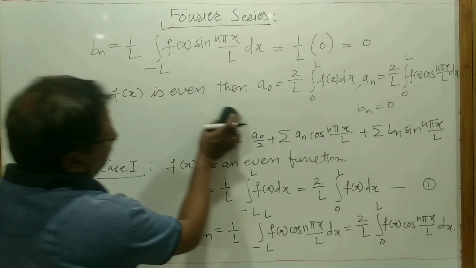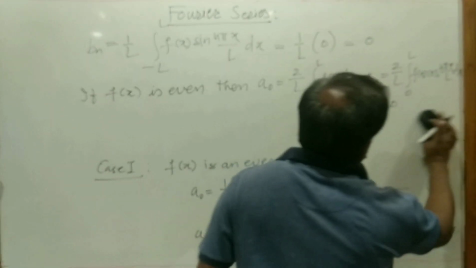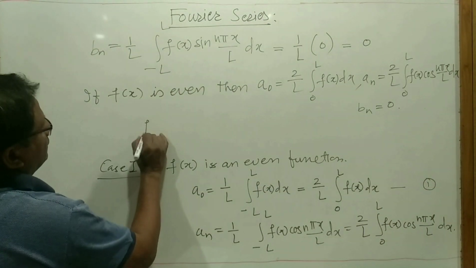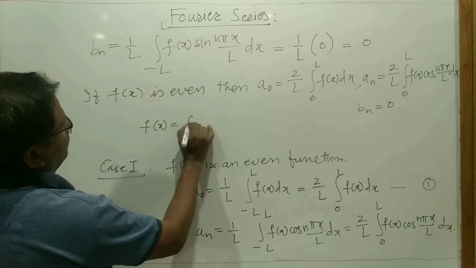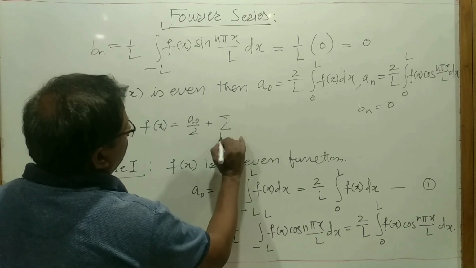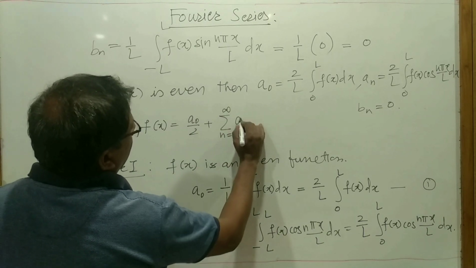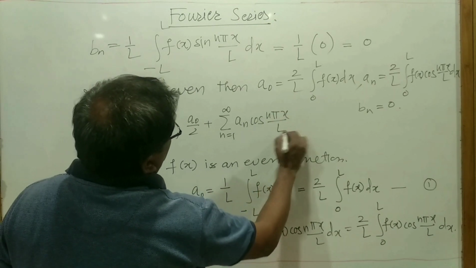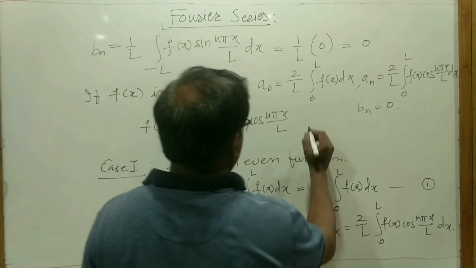And therefore, when the function f is even, the Fourier series we obtain is f of x equals a0 by 2 plus summation n varies from 1 to infinity an cos n pi x upon L. Okay.